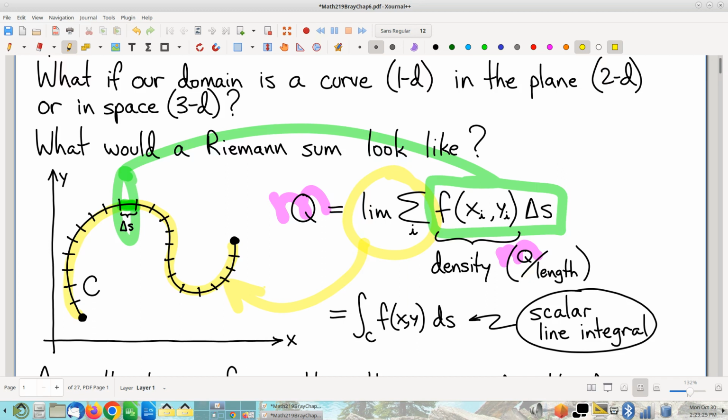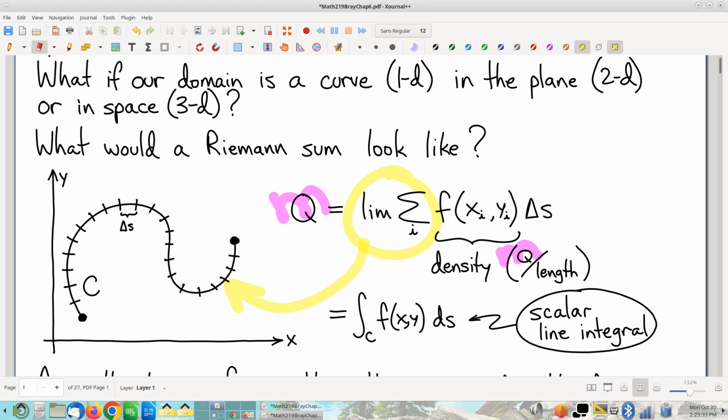Okay, let's talk about notation real quick, and then we'll start actually practically doing some and worrying about computation. So I hope it comes as no surprise that adding up over your domain we represent with an integral symbol, just like every other integral we've ever done.